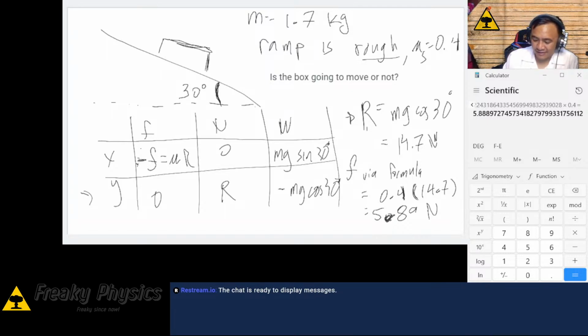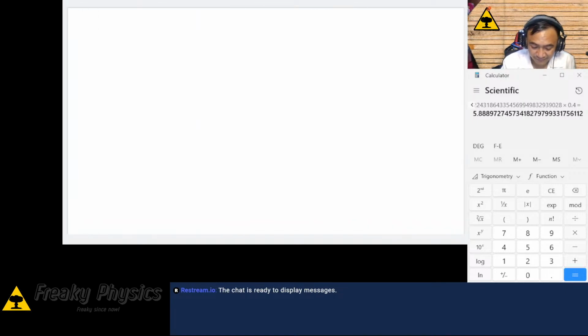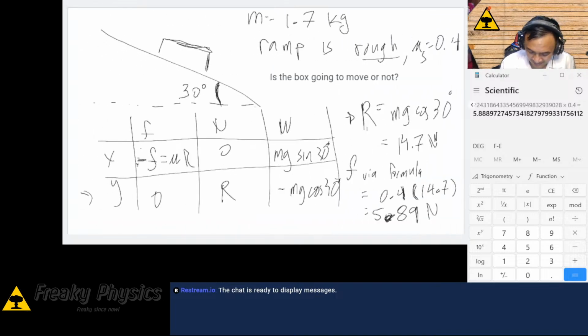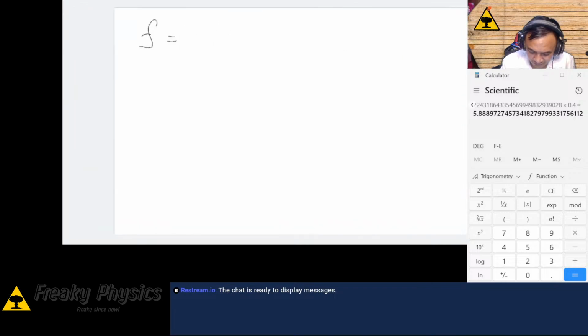Yes. But that doesn't quite answer our question. Is the box going to move or not? In order for us to find that, we need another F. We need the F now equals the x part. So F should be equal to mg sine 30.